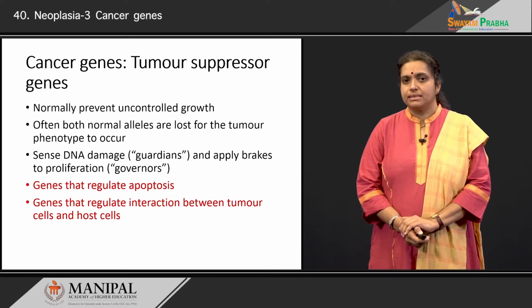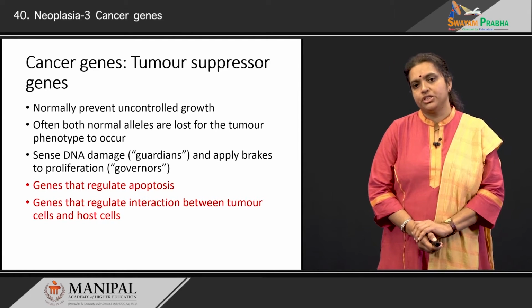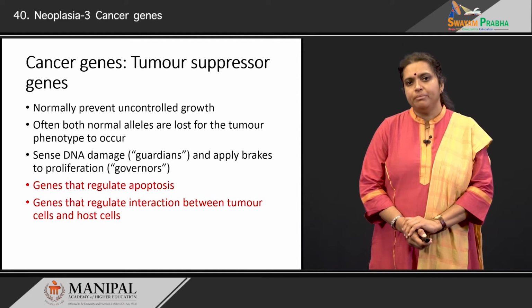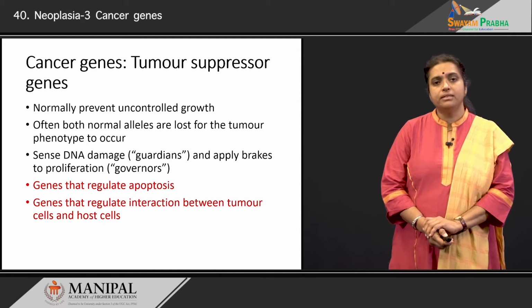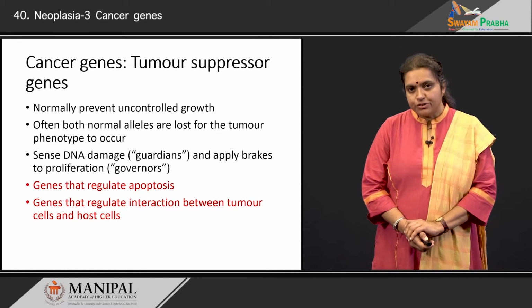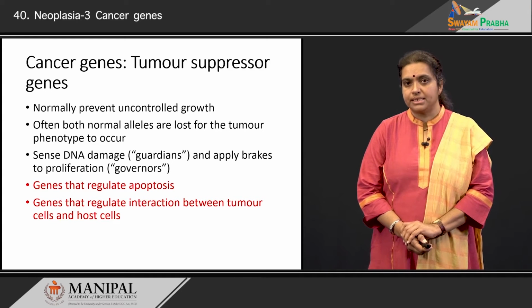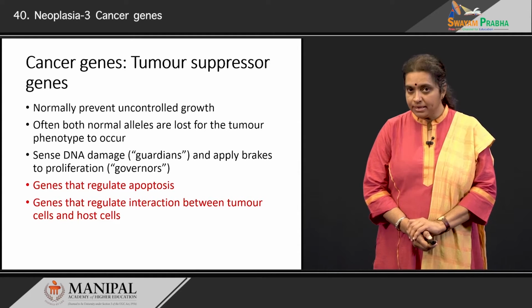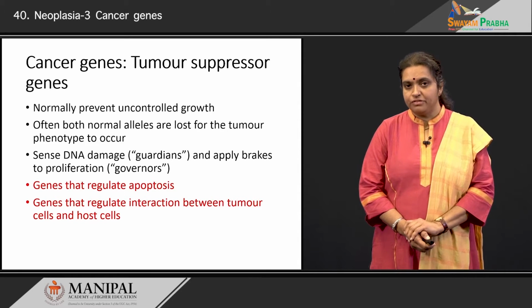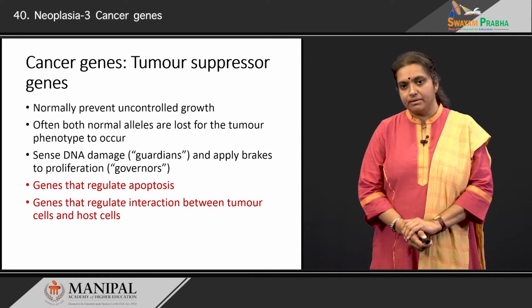So, what are the normal functions of the tumor suppressor genes? They can be broadly put into two categories, the guardians and the governors, which means there is a set of genes that sense DNA damage. Whenever there is DNA damage in a cell, they apply the brake to cell proliferation and do not allow the cell to progress and divide further.